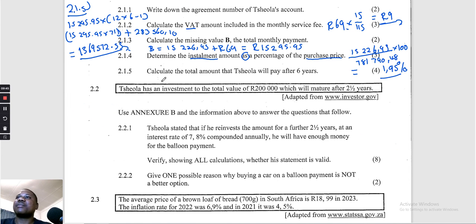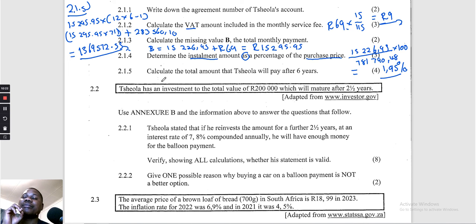Taylor has an investment to a total value of 200,000, which will mature after 2.5 years. Use Annexure B and the information above to answer the questions that follow. Taylor stated that if he reinvests the amount for a further 2.5 years at an interest rate of 7.8% compounded annually, he will have enough money for the balloon payment.